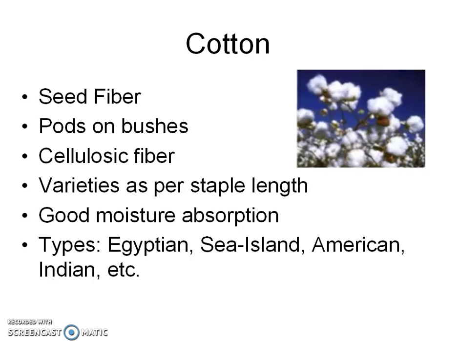Cotton is a cellulosic fiber, and there are varieties of cotton as per the staple length. It has good moisture absorption. Some of the good varieties of cotton are Egyptian cotton, Sea Island cotton, American cotton, and Indian cotton.